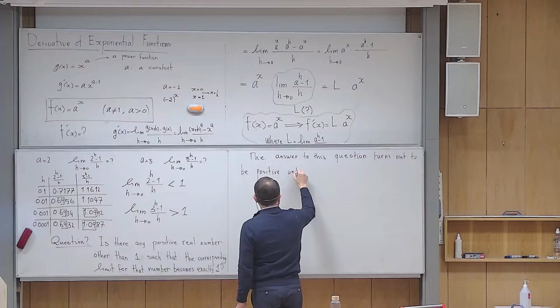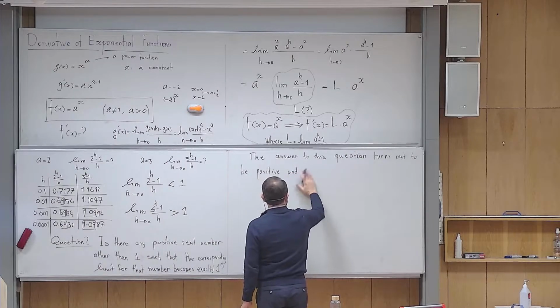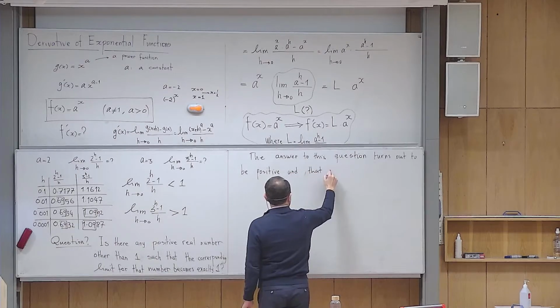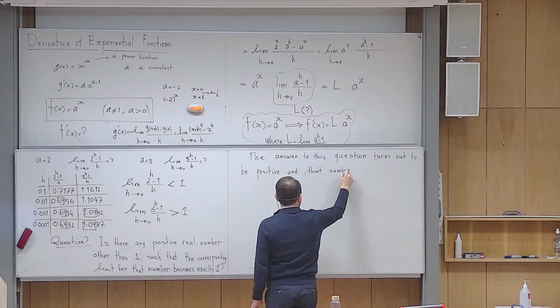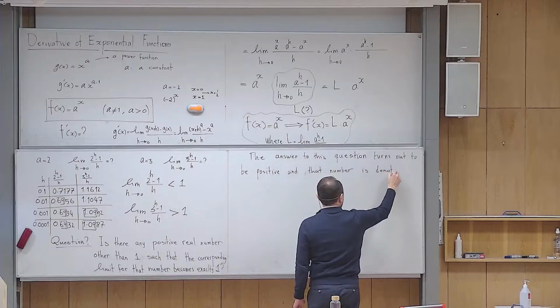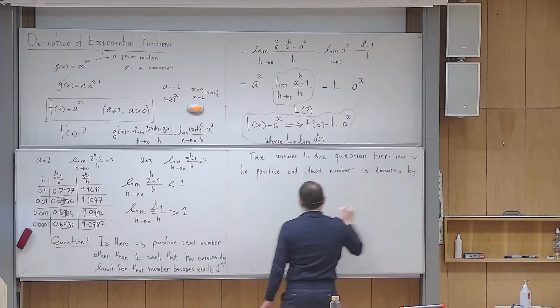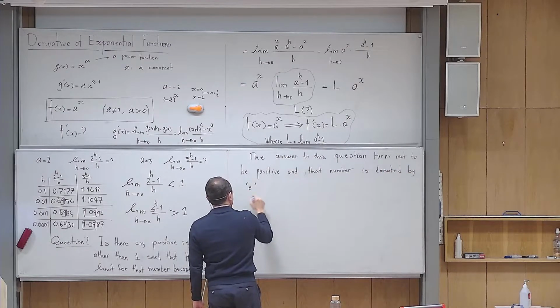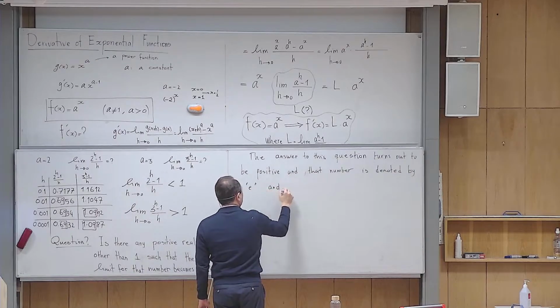And that number is denoted by E, and is called the Euler number.